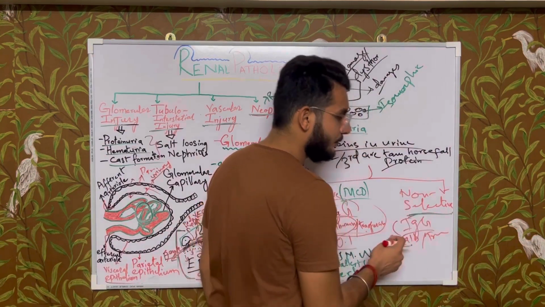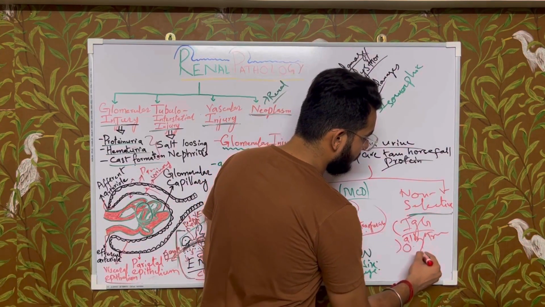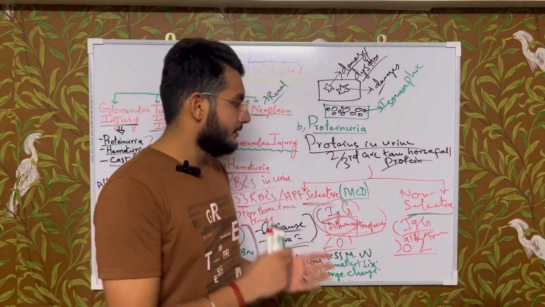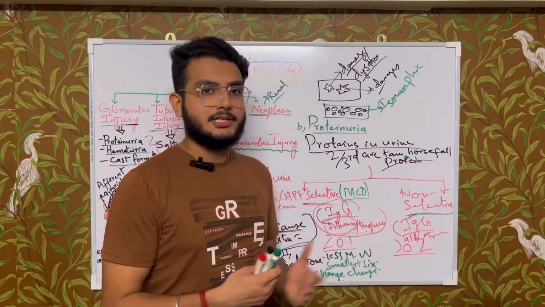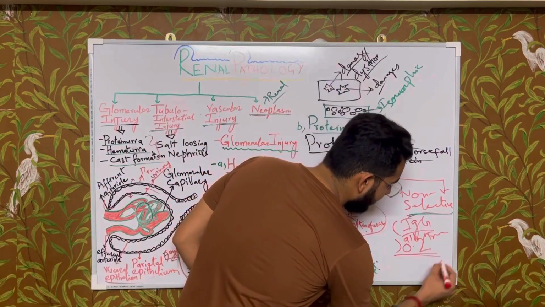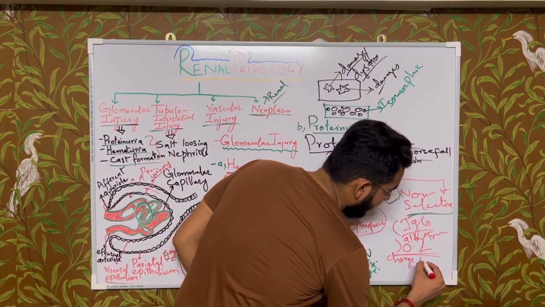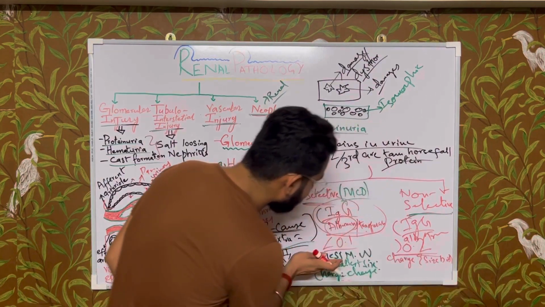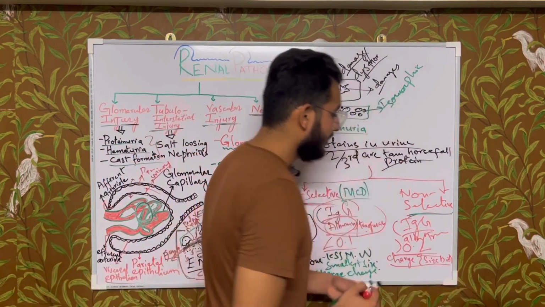If this ratio is greater than 0.2, then we will declare that the patient has non-selective proteinuria, and it is because of a defect in charge and size both.